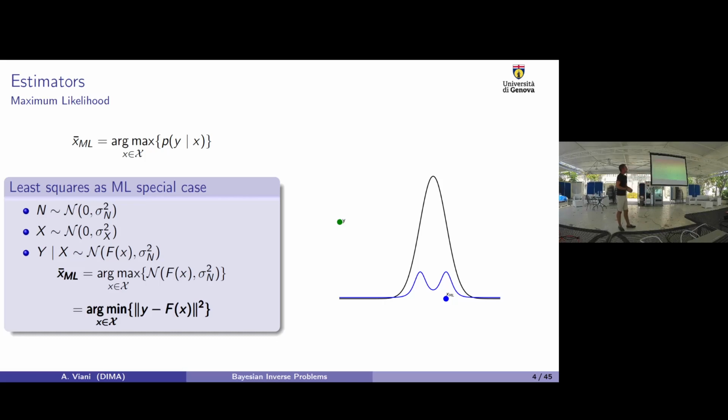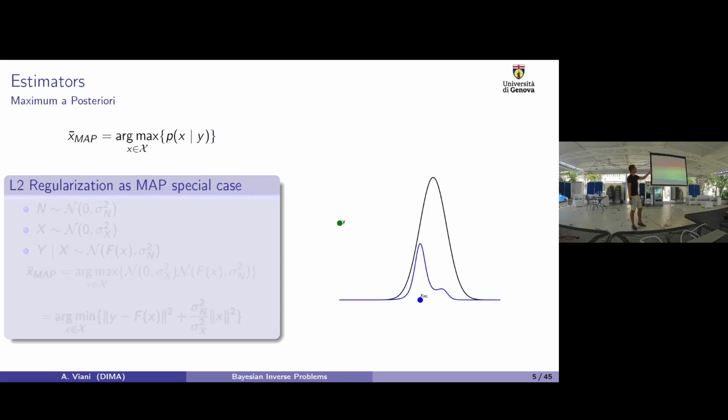So this shows that a maximum likelihood can be seen as the least square solution in a Bayesian approach, probabilistic approach. And the maximum a posteriori, so the configuration of the unknown that best fits the data depending on our prior choices, because the posterior is the product of the likelihood times the prior.